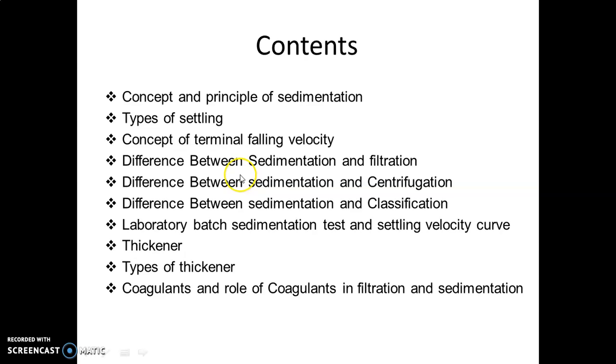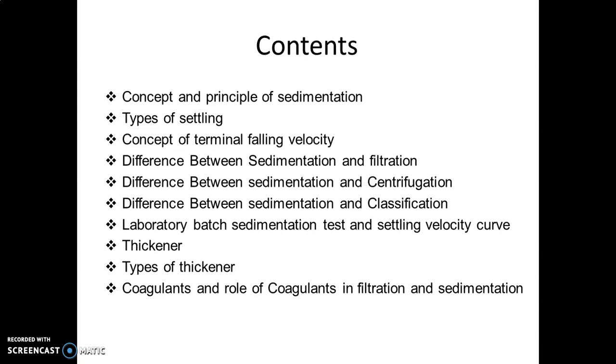Then we discussed the types of settling, that is free settling and hindered settling. Then I defined the meaning of terminal falling velocity or terminal velocity. Then we saw the difference between sedimentation and filtration, sedimentation and centrifugation, and sedimentation and classification.